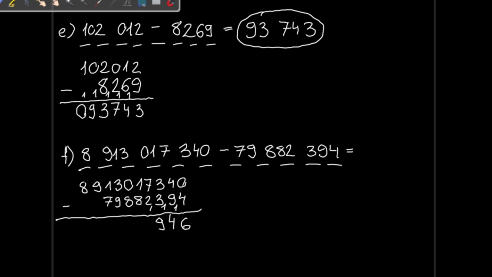That's 9. 3 plus what is 7? 4. 8 plus what is 10? 2. 9 plus what is 10? 1. 10 plus what is 13? 3. 8 plus what is 11? 3. 1 plus what is 9? 8. And 0 plus 8 is 8.